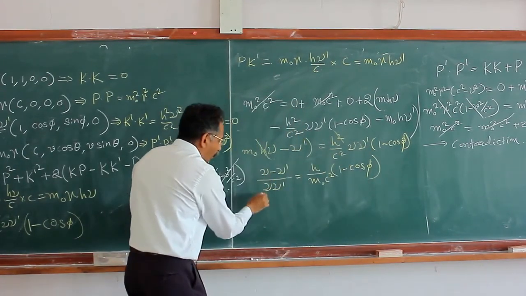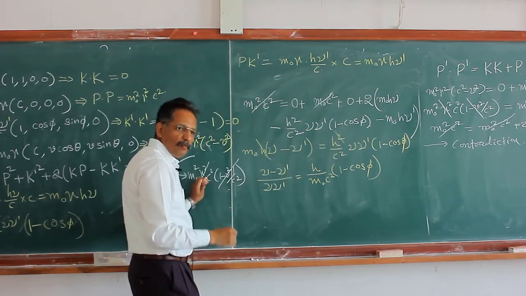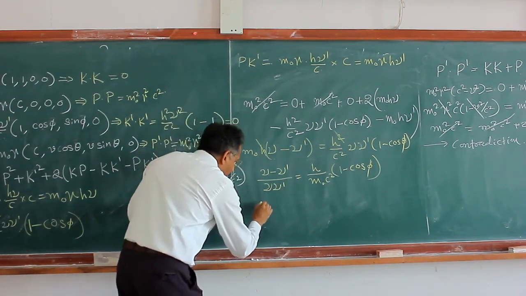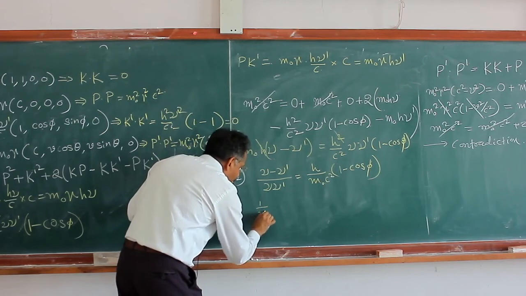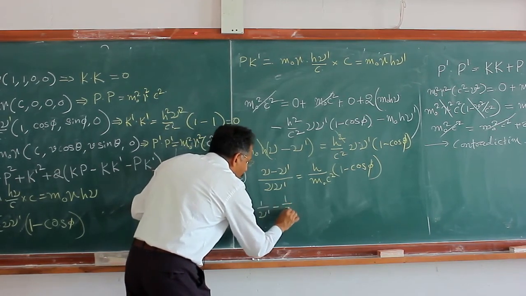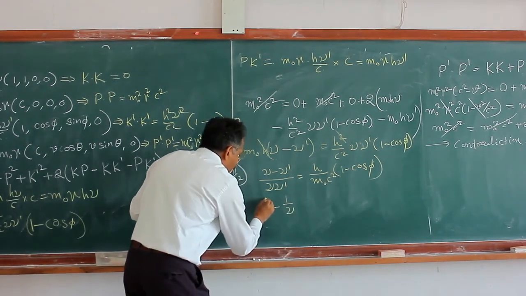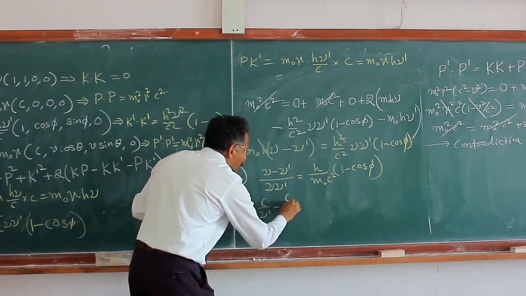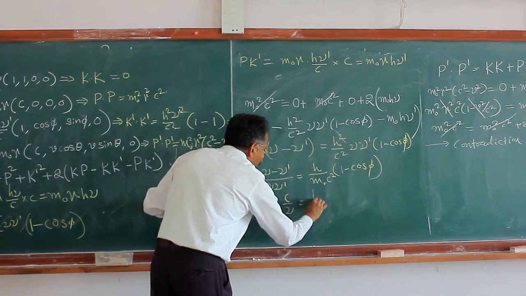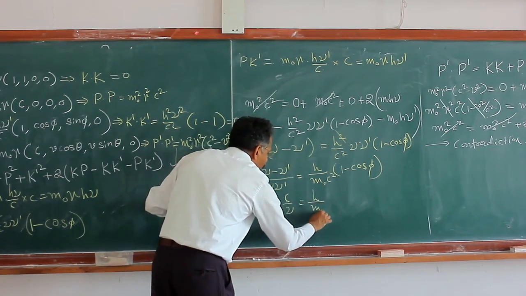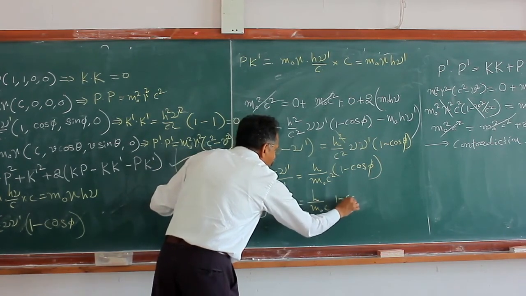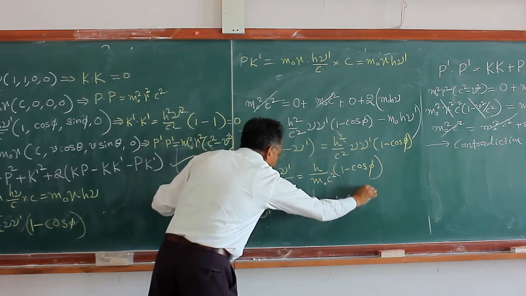So nu minus nu dash over nu nu dash gives 1 by nu dash minus 1 by nu. I shall multiply this by c on both sides. So this will be equal to h upon m0 c into 1 minus cos of phi.